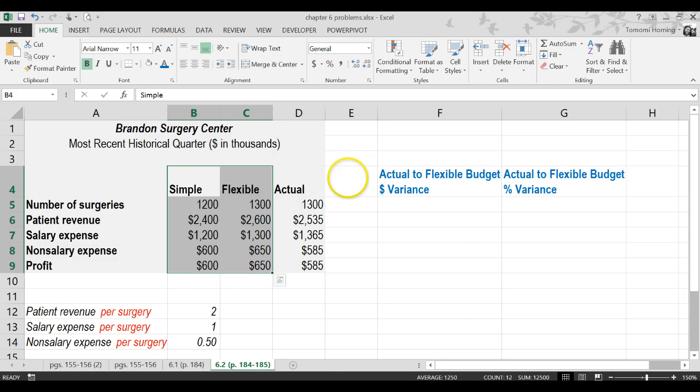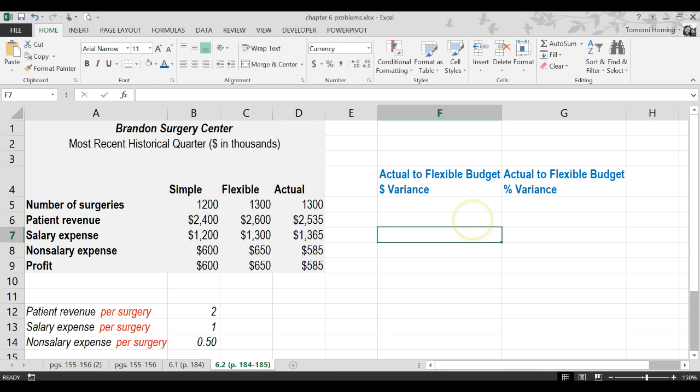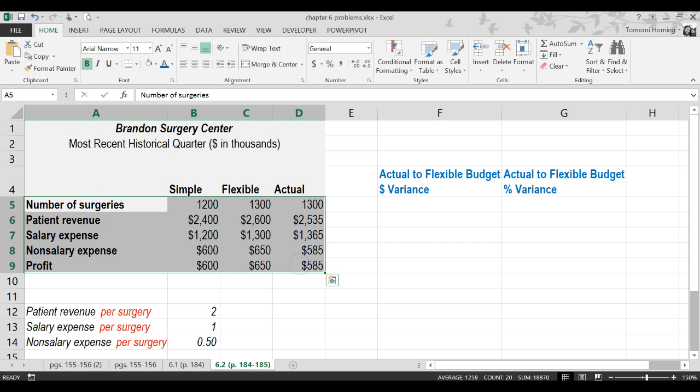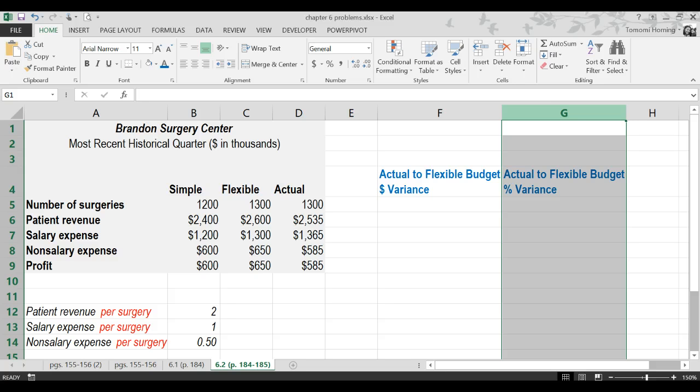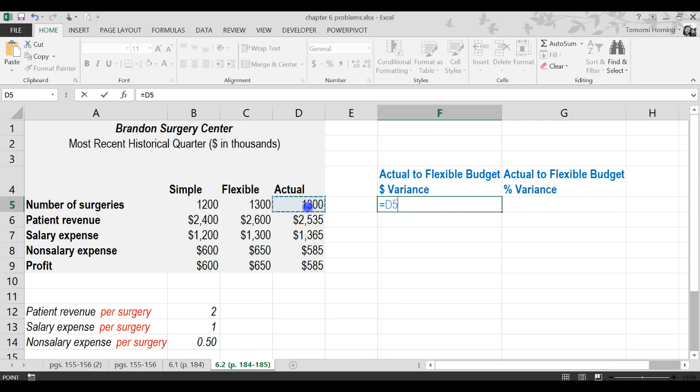Letter B asks us to determine the variances for each item of the P&L statement, which would be all of these items here, in both dollar terms, which is going to be done in column F, and in percentage variances in column G. So again, the simple equation here, actual less flexible budget is 0 because we had projected 1,300 surgeries, and our actual performance, we came in at 1,300 surgeries, so the variance, there is none.